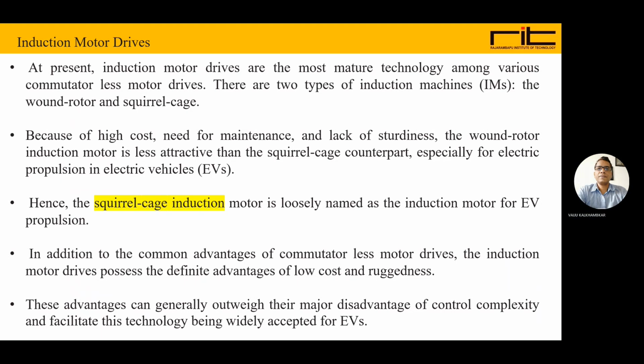Because whenever it is the wound type, it has the stator winding, it has the rotor winding. So instead of that, the squirrel cage type is more popular. The squirrel cage induction motor is loosely named as also the induction motor for electric vehicle applications.